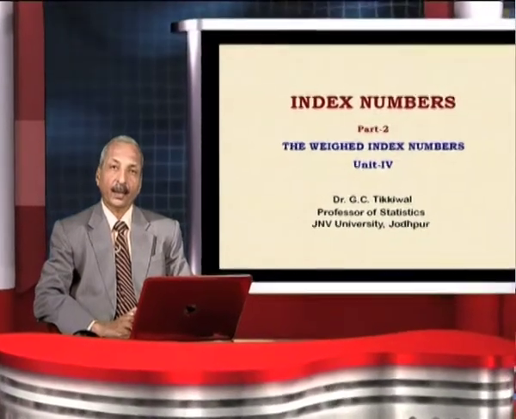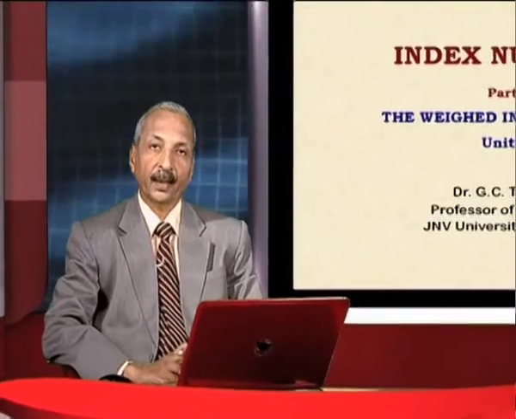We can also construct, like the price index numbers, the quantity index numbers as well as the value index numbers, and there we consider the quantities or the values of different items in place of the prices. Also, when we construct the index numbers, we have taken the geometric mean or the arithmetic mean of the price ratios of different items.